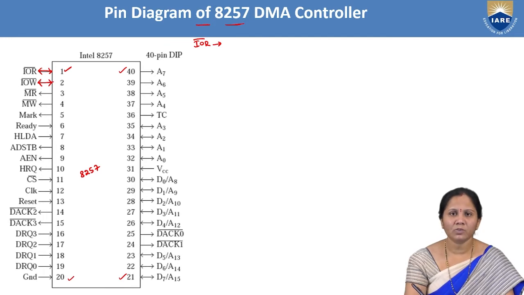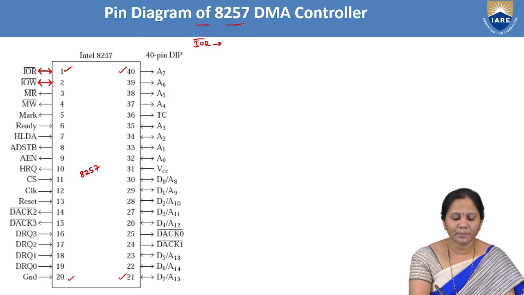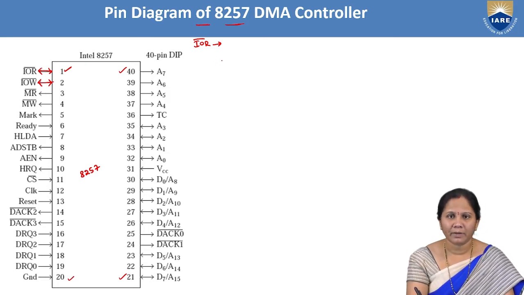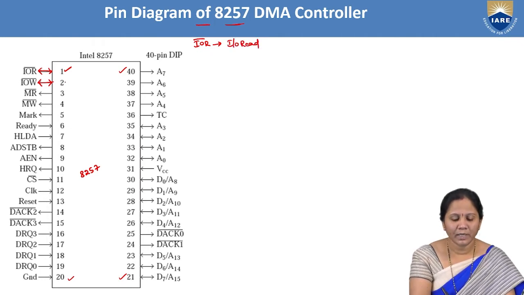The signal directions are clearly indicated in this pin diagram. So the first pin is IOR bar, which represents IO read. And the second signal is IOW bar, which represents the IO write operation.